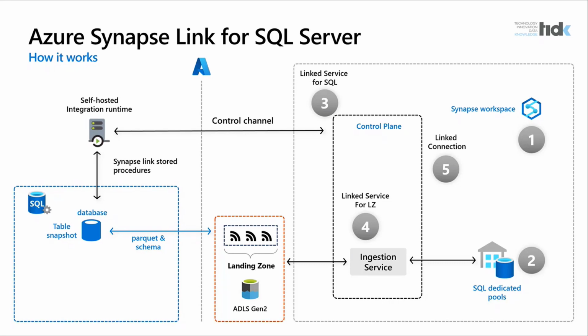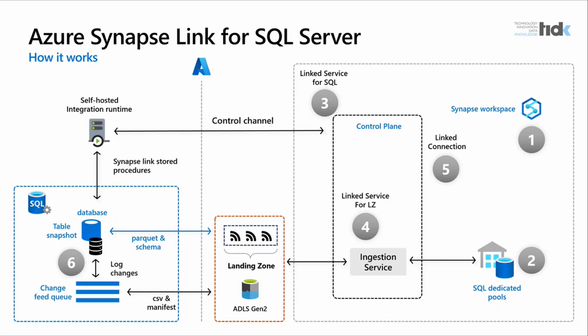We choose the tables that we want to replicate to our Synapse workspace, and then our SQL Server creates these so-called table snapshots and creates Parquet files with the data and the schema files, and the schema files are created as JSON files. All of this is transferred to our landing zone by using this ingestion service. The ingestion service is another concept introduced here, and I will show you what it is when I show you how to create this link connection between those services.